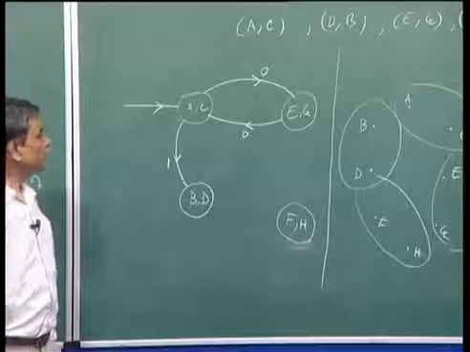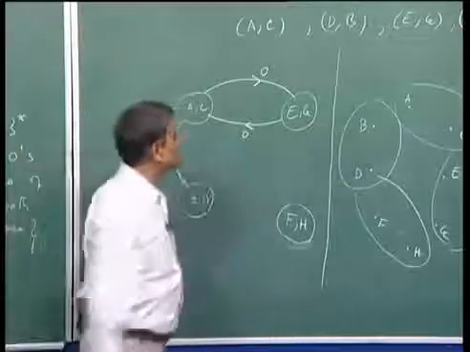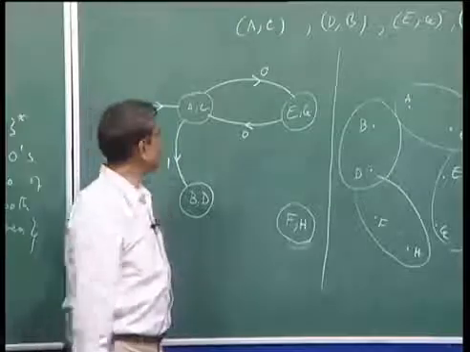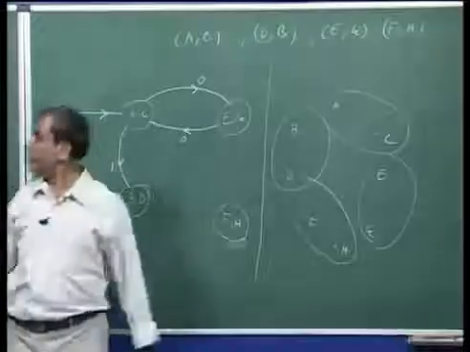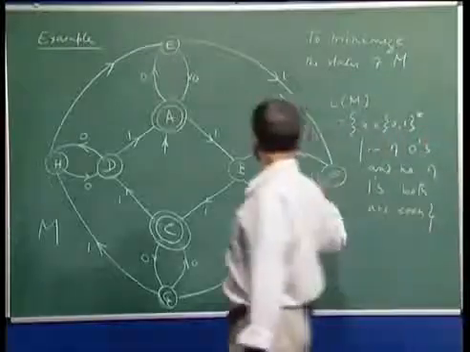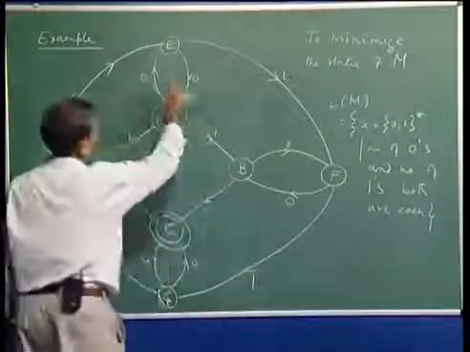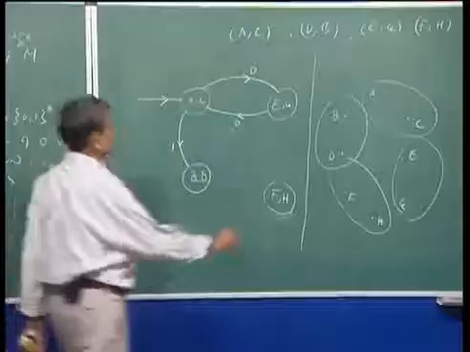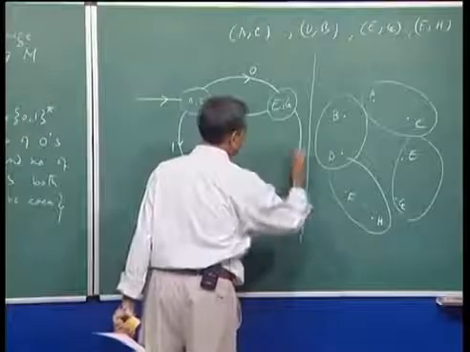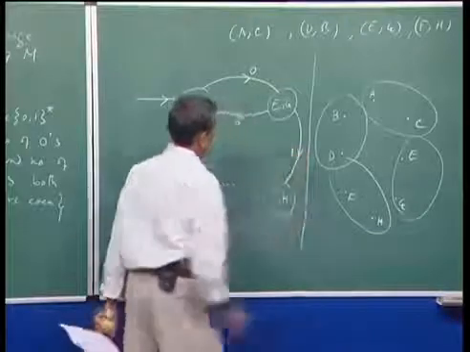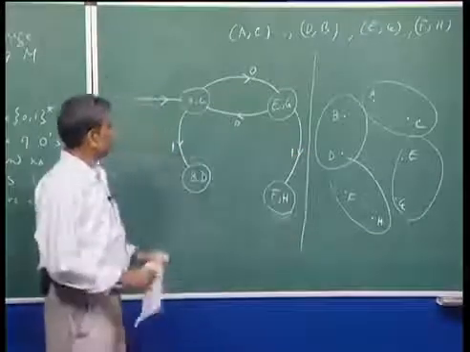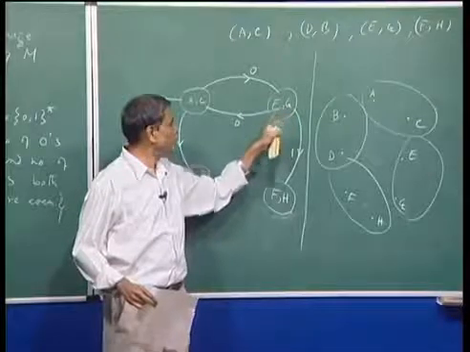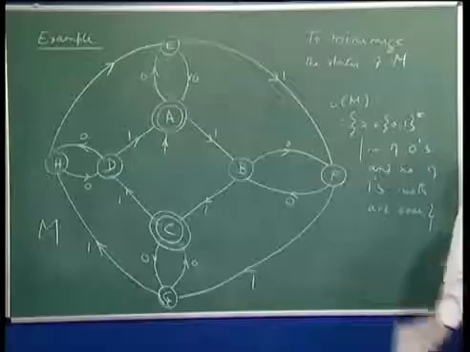And from E on symbol 1, you go to F. I just looked at E, where does the machine go on 1?